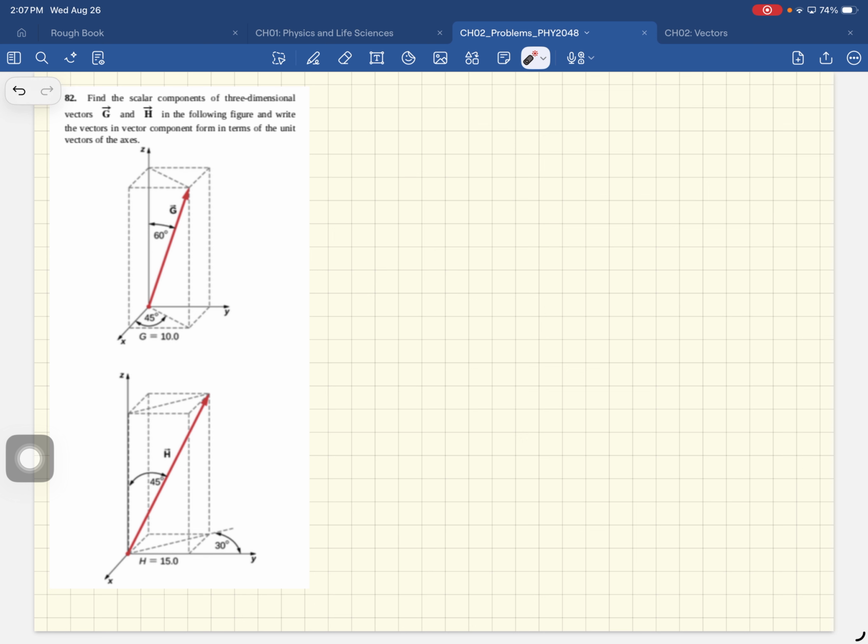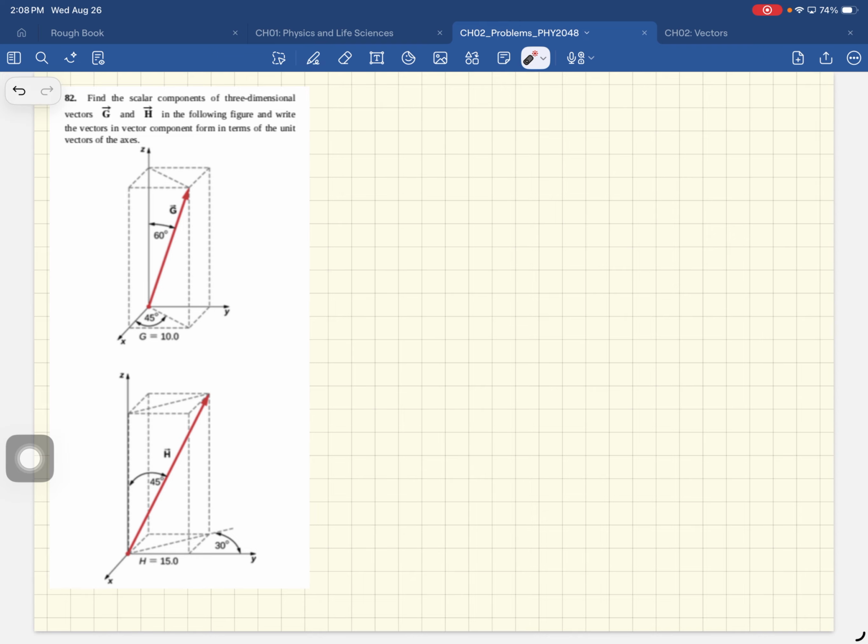Phi, you would measure from the x-axis, and that's 120 degrees. And HY is 15 units. So again, they've given us three numbers, so they've completely specified this vector as well.